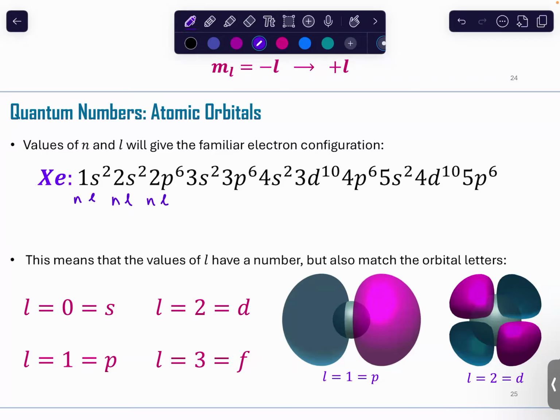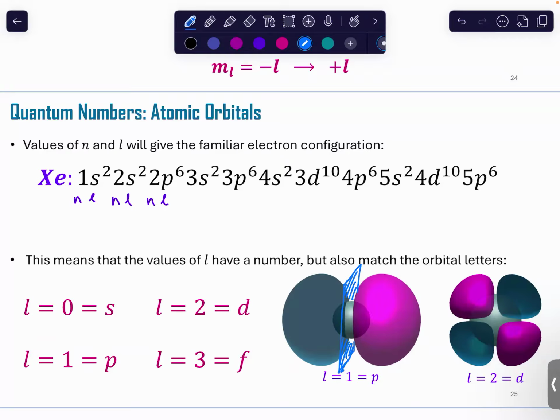Yeah, because you could draw a plane. I want you to start to get used to that too. Let's just say we drew a little plane there. That's our nodal plane. No electron density can exist there.